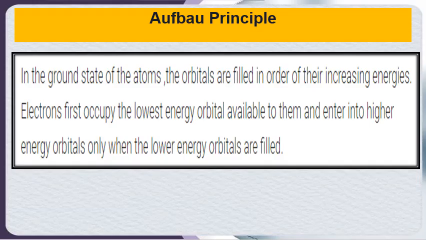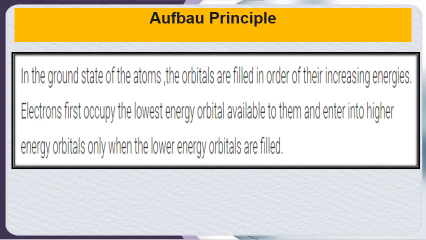Right? Now come to the next one. Here there are three basic principles or rules which govern the arrangement of electrons in these orbitals. The first one is the Aufbau principle, as we have been discussing from the previous slide. The Aufbau principle tells you that electrons will be accommodated in orbitals according to the ascending order of their energy.